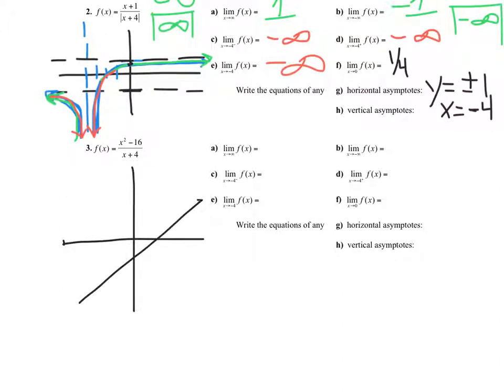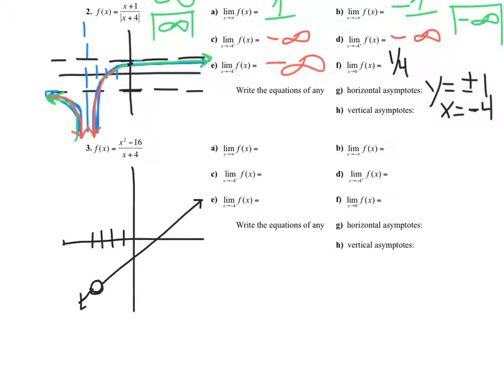Looks like this. But if you were to trace it or plug in -4, what happens? There's no y value. Nothing at -4. So there should be a hole in your graph at -4.